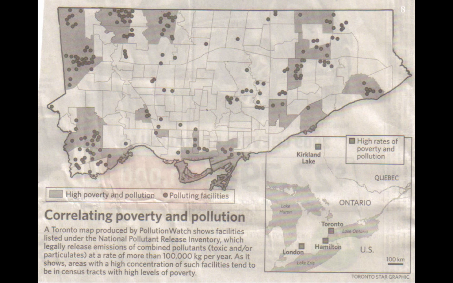Now, in conjunction with that, another research study looked at the correlation between poverty and living in areas of pollution. And what you're seeing in this map is the correlation here. The high rates of poverty and pollution would be the shaded areas, along with the dots representing high polluters, organizations, corporations, factories, and the shaded areas are low-income environments.